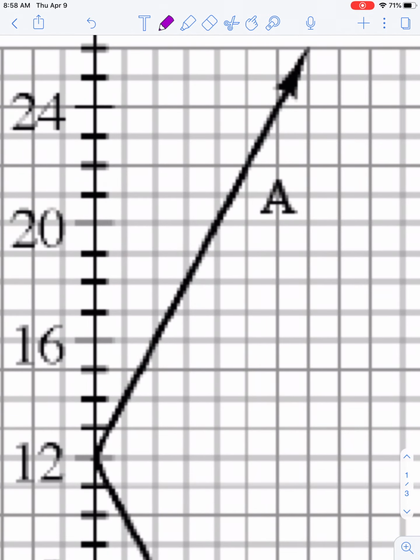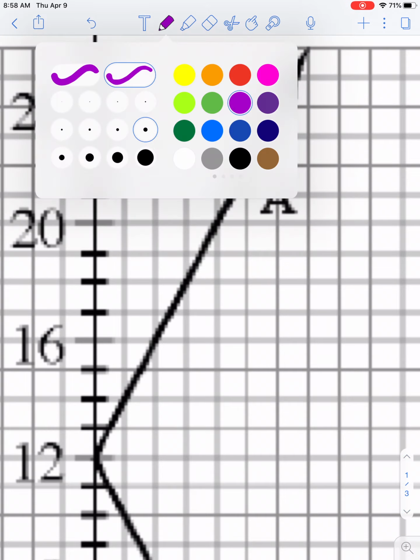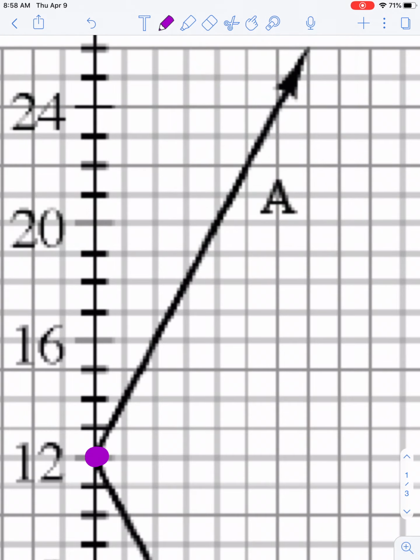So I know the exact value down here at 12, and as I follow this line up, the next point I know is right here. It crosses between those 2 grid lines. I also know this point, and this point, and this point. So I could keep going. I don't need all of these points to find the slope. I only need those 2.